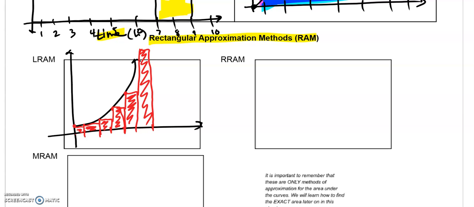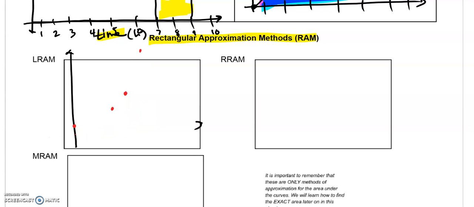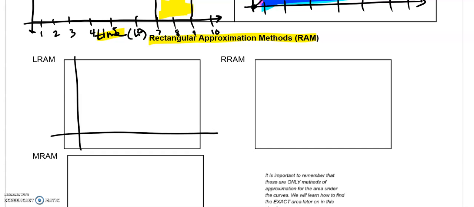So now let's back up a second and let's look at what if my function is decreasing, meaning it looks something like this. And our LRAM, let's say here, here, here, here, here, and here. So those represent all of our different heights. Maybe too many rectangles in here, huh?